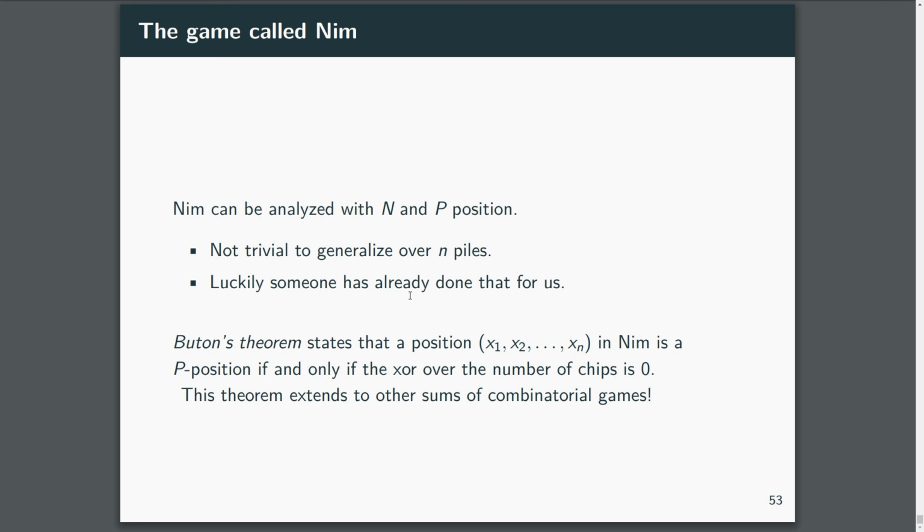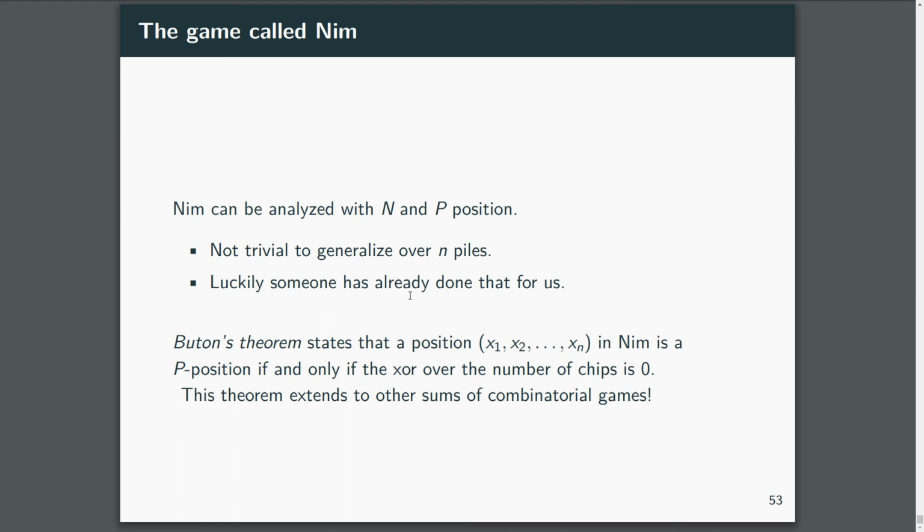And this theorem extends to other sums of combinatorial games. If you have a combinatorial game, you can find a way to map that game to Nim. And I guess by chips you mean matches? Yeah, sorry, matches.